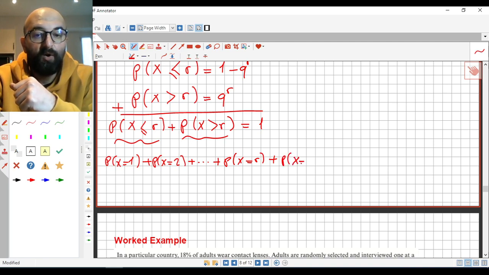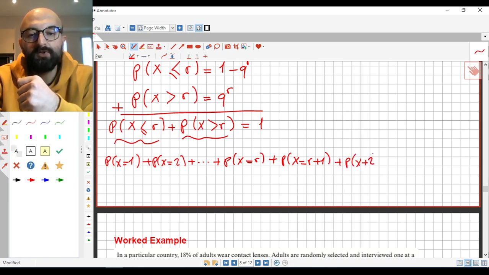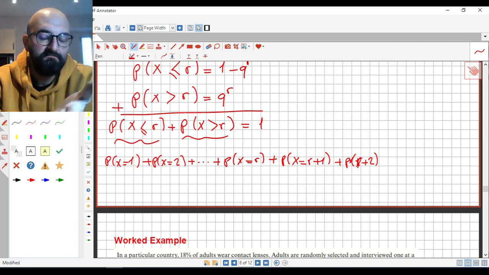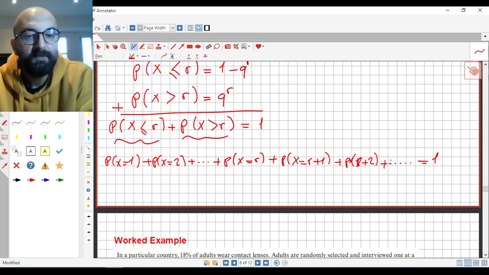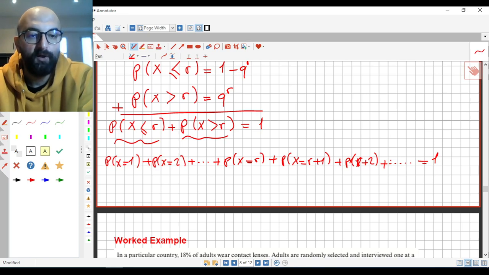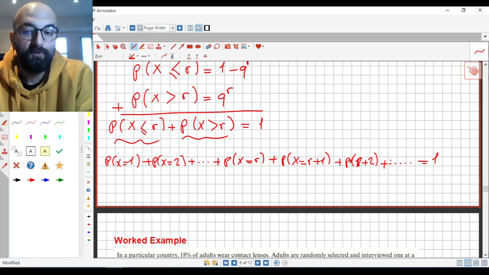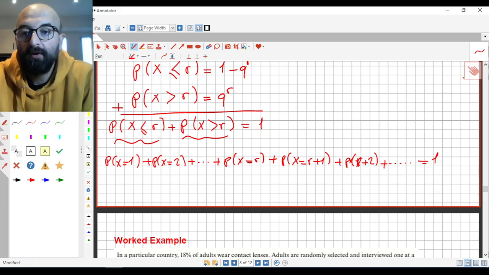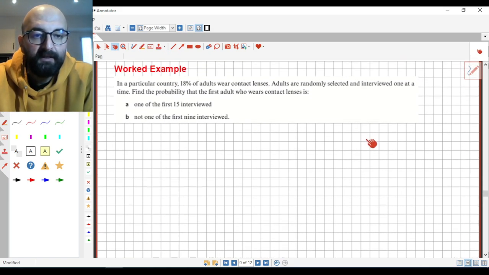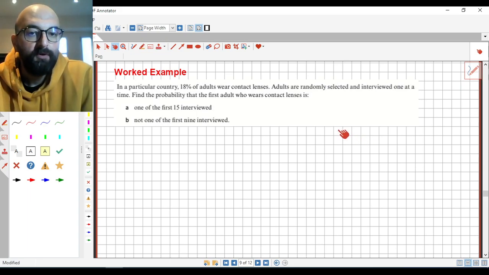It is the probability of the (r+1)th trial success, the (r+2)th trial success, and so on to infinity. As you remember, the sum of all probability values has to be 1. Okay, so in a worked example, I hope you can understand easily.